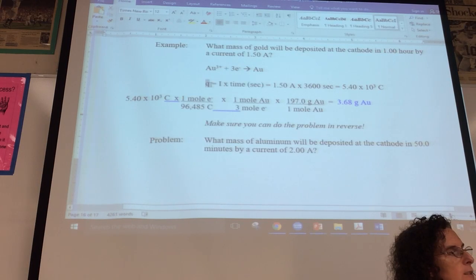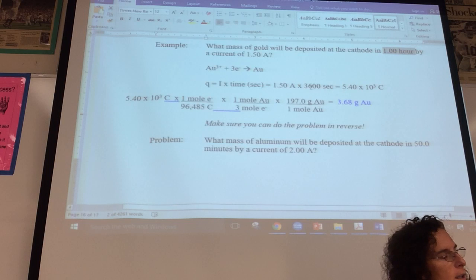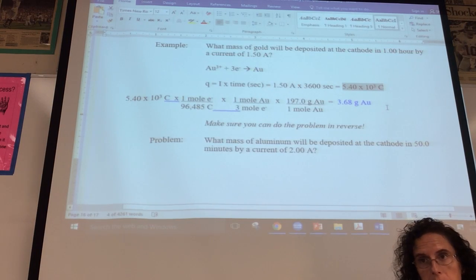First thing we're going to do is calculate Q. Q, the charge, is equal to the current in amps times the time in seconds. The amps were given. They gave us 1 hour, so we're going to convert that to seconds. We'll multiply the 2, and we have 5.40 times 10 to the third coulombs.